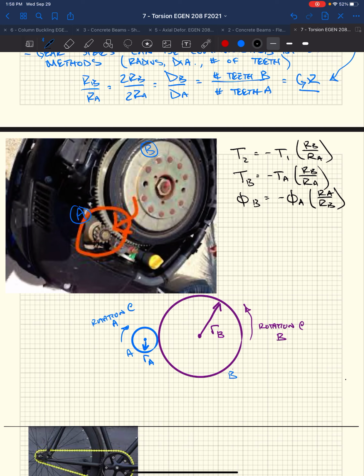Well, if you divide by rotation at B on the left, you get this expression that the rotation at B is going to be the rotation at A times this gear ratio, the radius of A over the radius of B. Similarly, that same concept holds true for rotational speed. Call it omega B equals minus omega A times R sub A over R sub B.